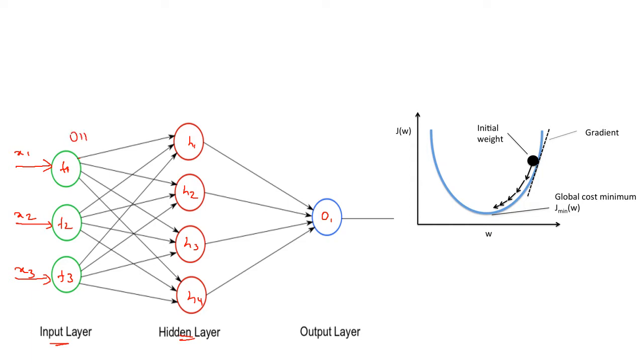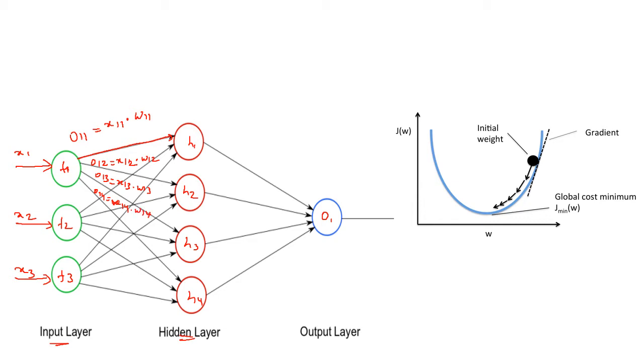So the input function 1 will be connected to all the hidden layer nodes. Here the output O11, the output of this particular node, is equal to x11 dot w11, because the weight is multiplied by the input value, and this is O12, which is equal to x12 dot w12, and this is O13, which is equal to x13 dot w13, and this is O14, which is equal to x14 into w14.